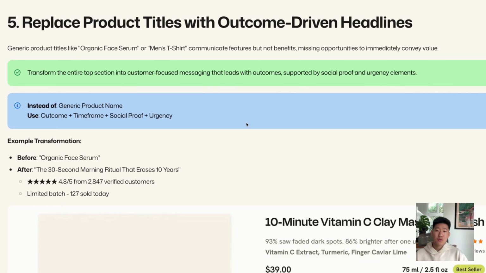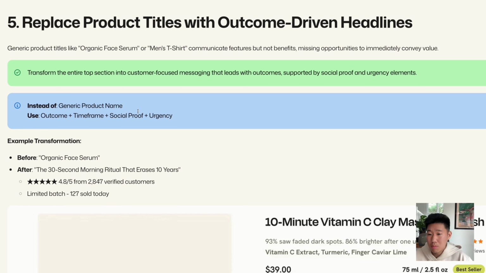Number 5 is to replace, or just add on to, your product titles with outcome-driven, emotional, benefit-driven headlines. Generic product titles like an organic face serum or t-shirt communicate the basic premise of what it is, but they don't communicate the benefits or the specific results that you're promising, which inherently communicates value, right?